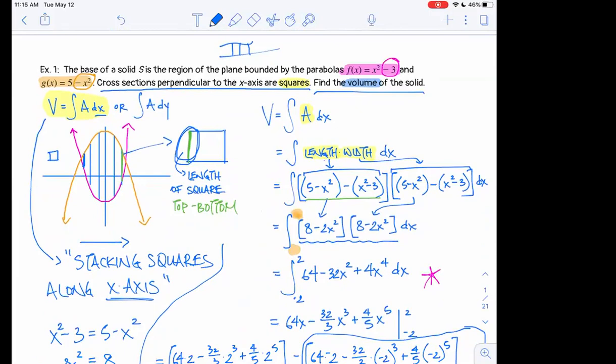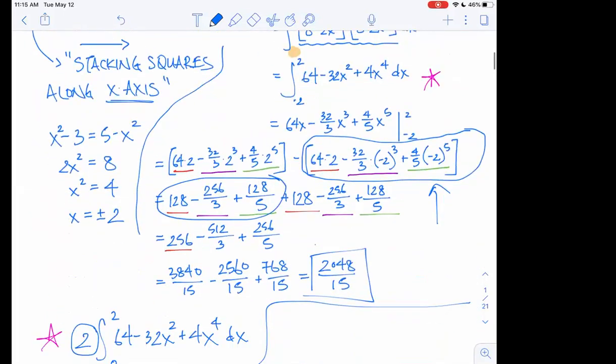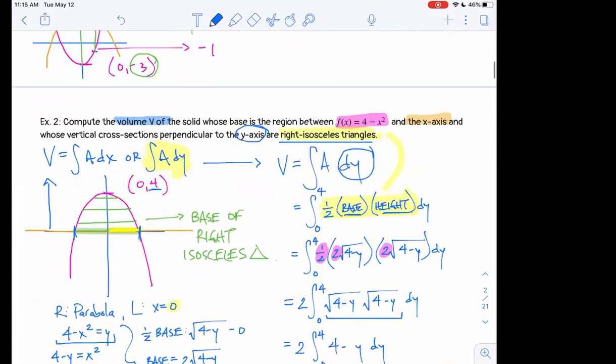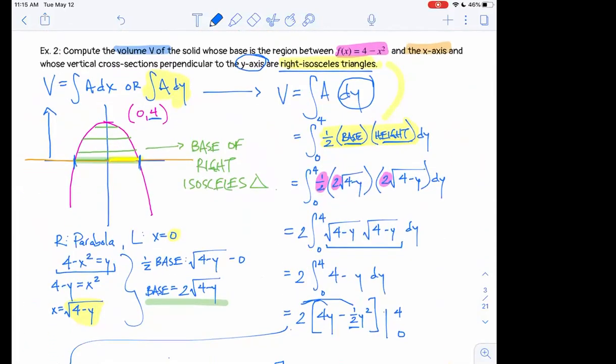In question number 1, we took a look at a situation where we had 2 parabolas, we had to find the bounds, and we determined the area formula for the cross-section was going to be length times width because it was a square. When we moved on to example 2, it was a different cross-section, so we had a different equation: 1/2 base times height, because it was a right isosceles triangle.